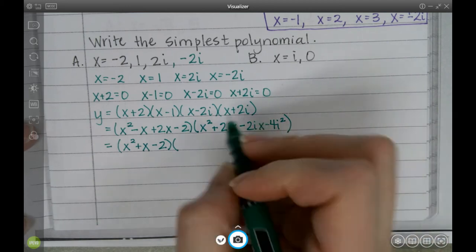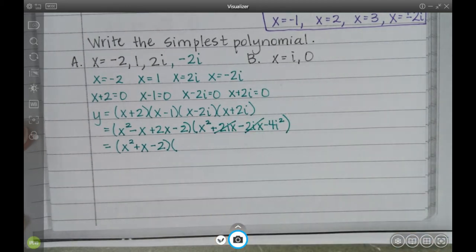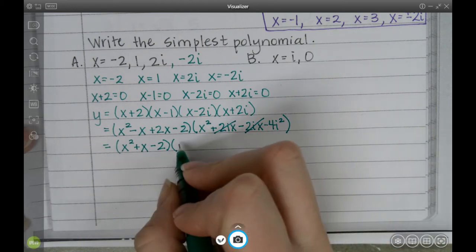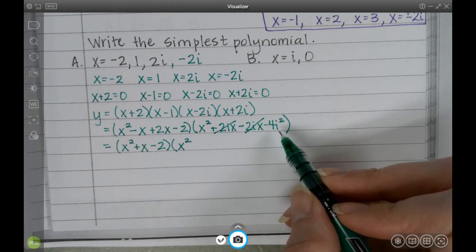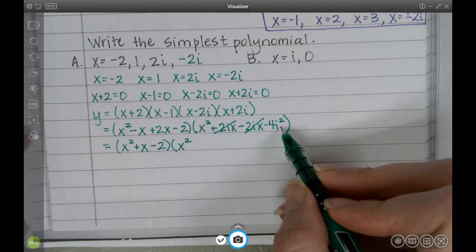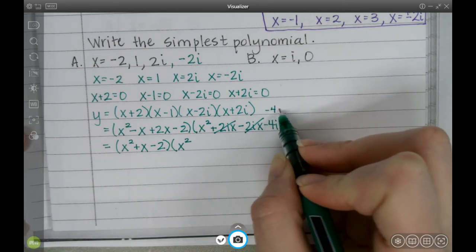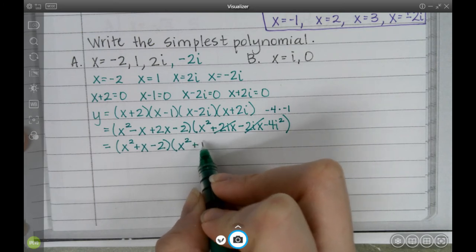My two middle terms here will cancel out. That will always happen. So then you have an x squared. What do we know about i squared? It's negative 1. So this is negative 4 times negative 1. So this is really x squared plus 4.